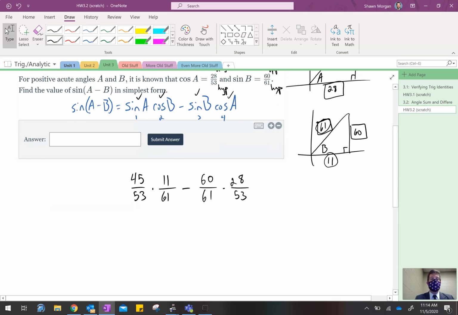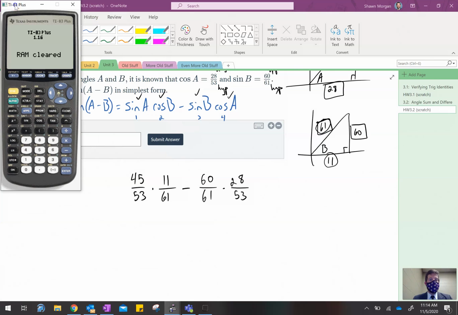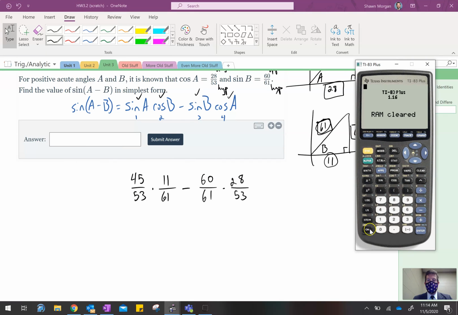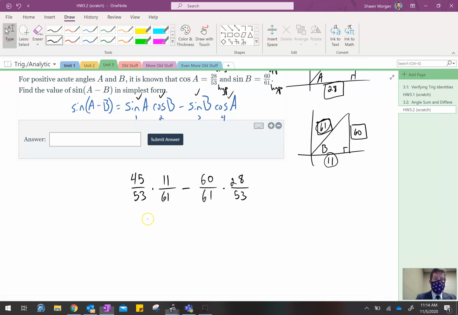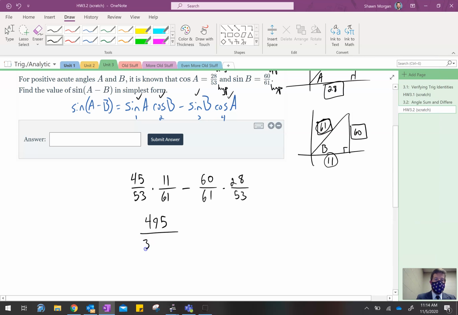Now all we have to do is multiply, and this is why I've got my calculator app pulled up here. So all we have to do is multiply 45 times 11. That's going to be 495 over whatever 53 times 61 is. 53 times 61, that's 3233.